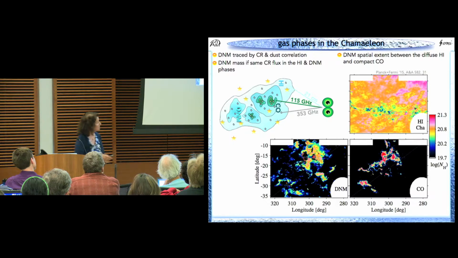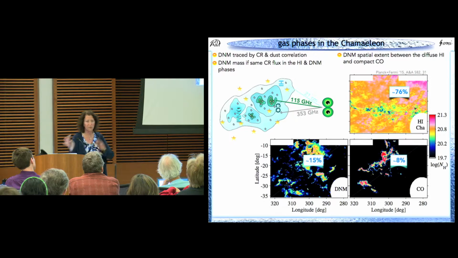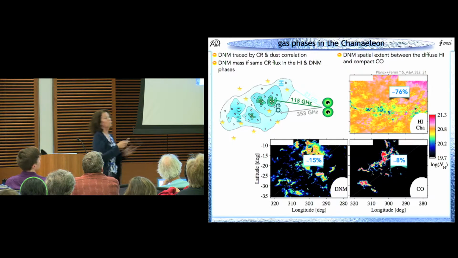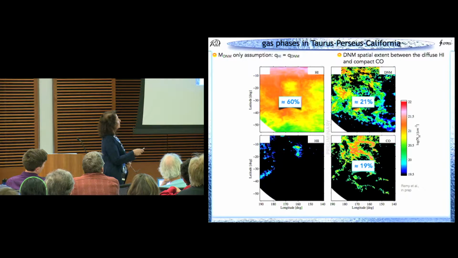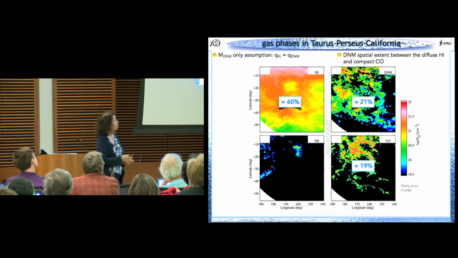And as you can see, the interface surrounds very much the CO. Its angular size is in between the very diffuse H1 and the more compact CO. And in terms of mass, by far the mass is in the H1, and that I agree with Fukui-san, and twice as much thick H1 plus diffuse H2 in the DNM than in the CO.